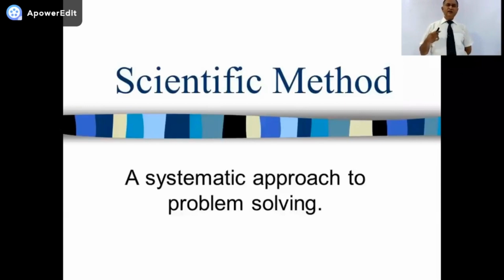That is why you can see on the screen what's sitting there. It's a systematic approach to problem solving. Okay, so working in a logical way to get the solution, to get the answers of the phenomena.